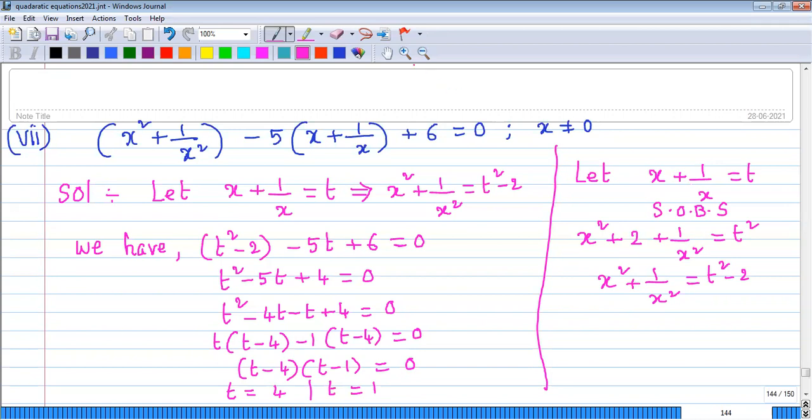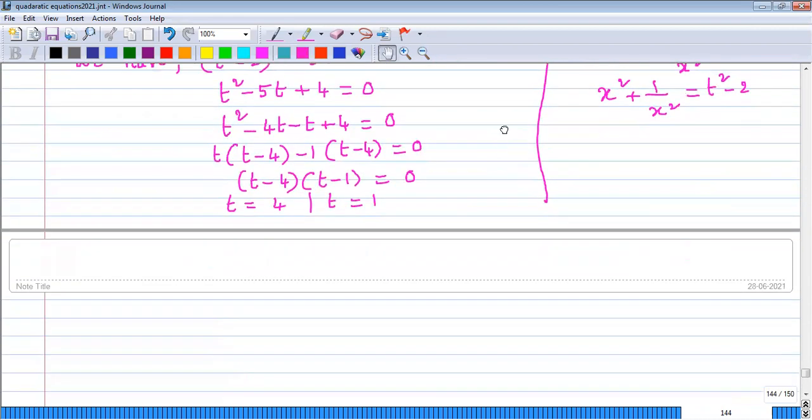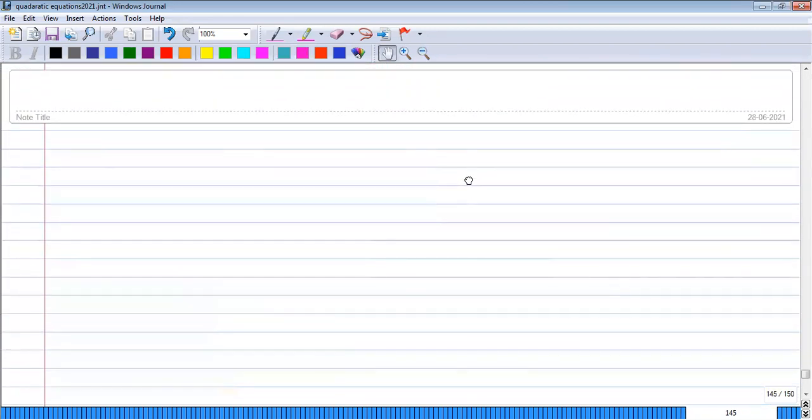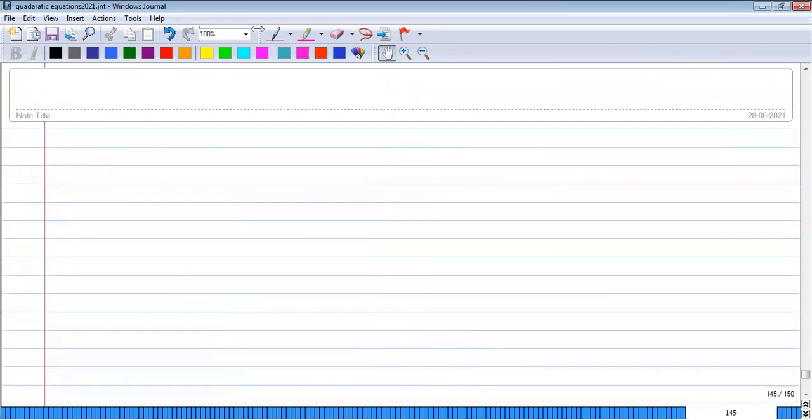Case 1, first let us consider. If t is equal to 4, then x plus 1 by x equals 4.